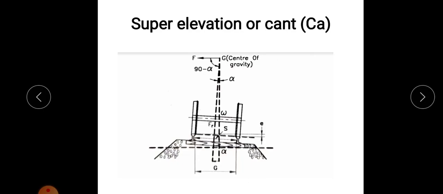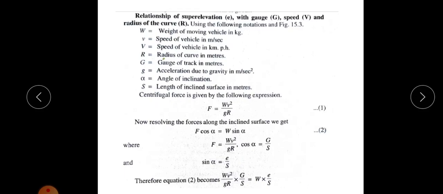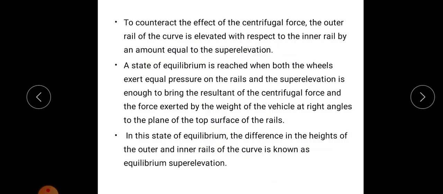Based on this equilibrium condition, we have derived an equation for super elevation in the previous lecture. So what is the equation for finding super elevation? That is E is equal to GV square divided by 127 R. This super elevation is known as equilibrium super elevation because the difference in height of the outer rail and inner rail of the curve is derived based on the state of equilibrium condition.